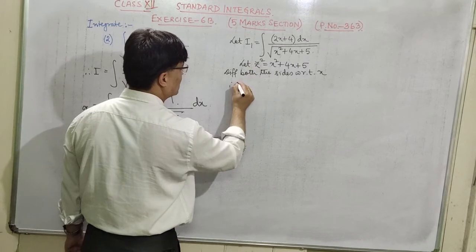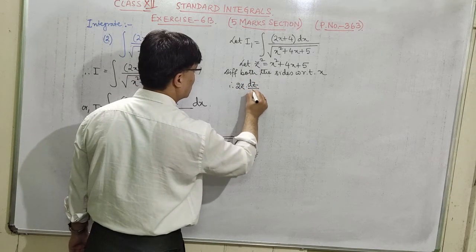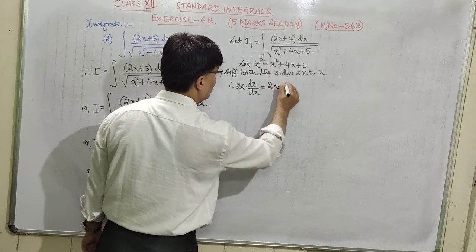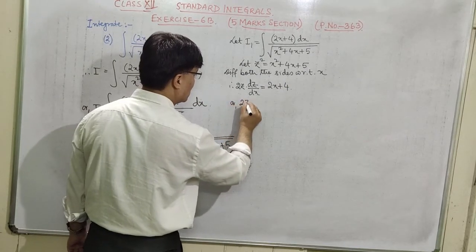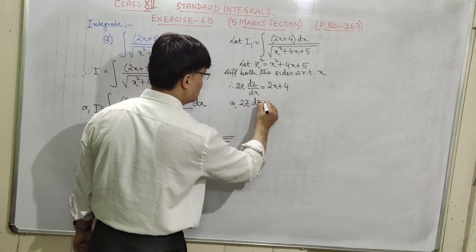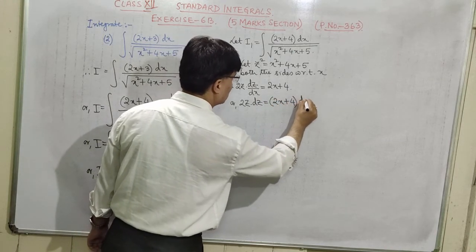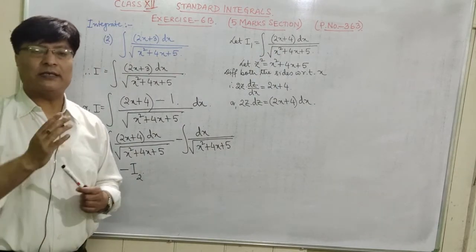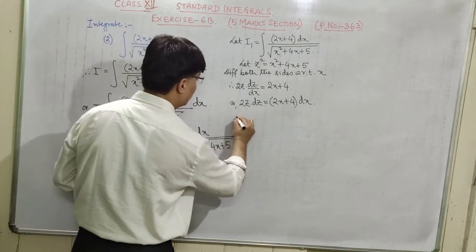Now what is the differentiation of z square with respect to x? 2z into dz by dx is equal to, for x square it is 2x, and for 4x it is 4. Now we can do cross multiplication. So it is 2z dz is equal to (2x plus 4) dx. This is the method of substitution as we have done in the previous chapters. Okay. So what is I1 now?